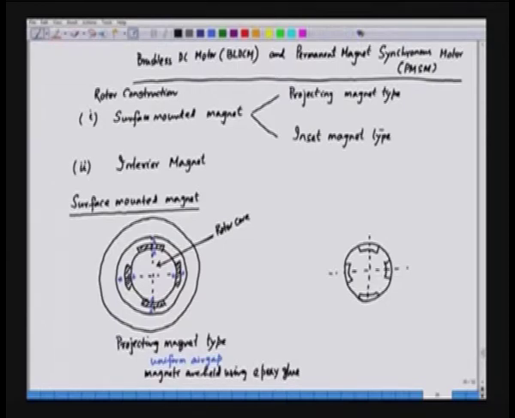They are not projecting, they are inside the rotor, and this is why this motor is called an inset type surface mount motor. These are the permanent magnets which are inside the rotor, this is the rotor core, and the stator structure is here.